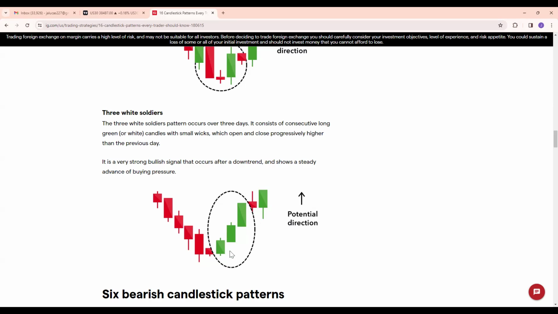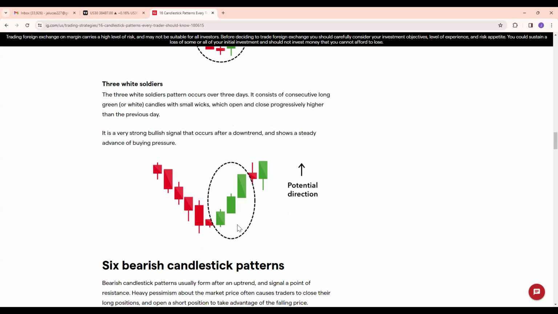That's basically what that means. When you see these three candles come up and overtake 50% of that downtrend, it tells us that this downtrend is more than likely canceled out, and it's time to start a new trend.